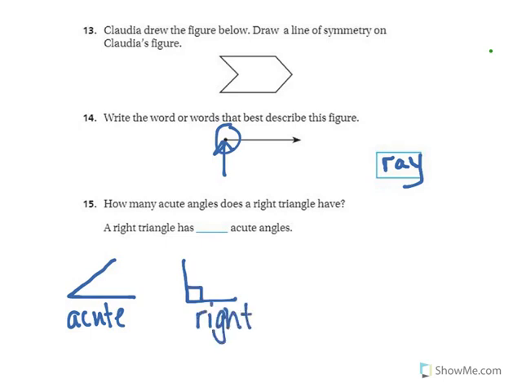So if we need a right triangle, we know that all triangles have at least two acute angles and a right angle. So to draw a right triangle would look like this, and a right triangle has two acute angles, here and here.